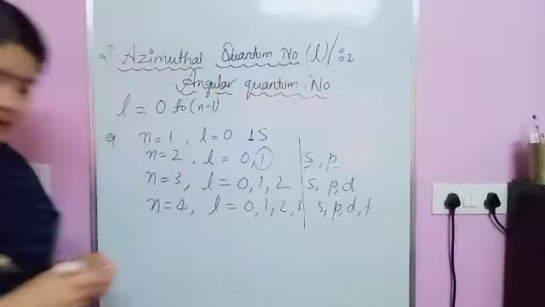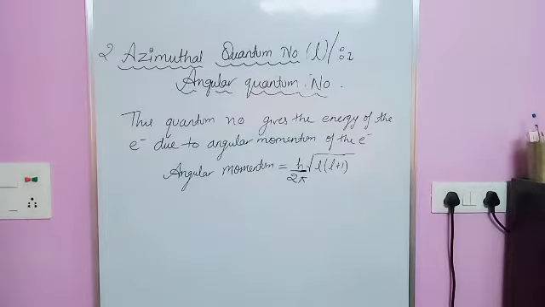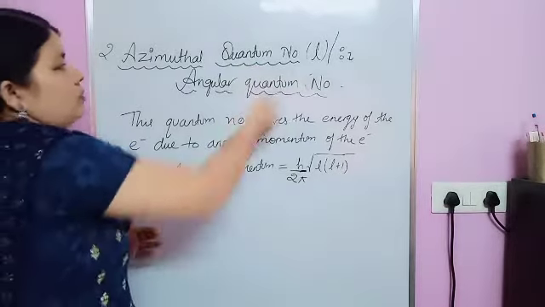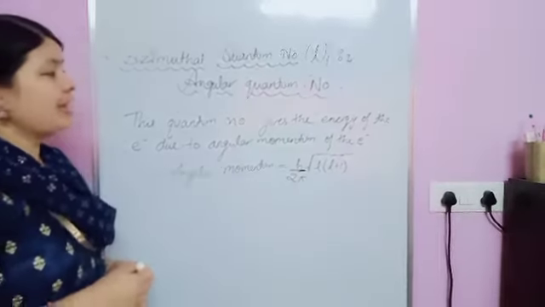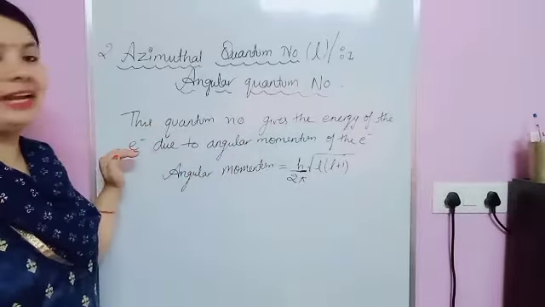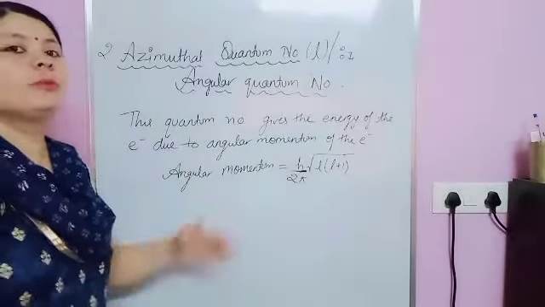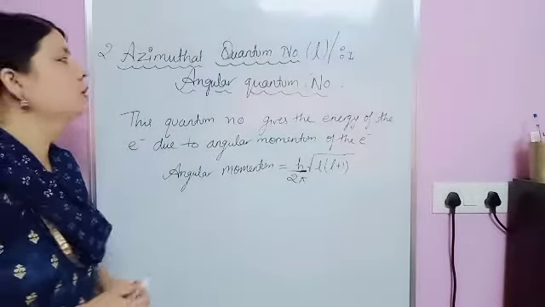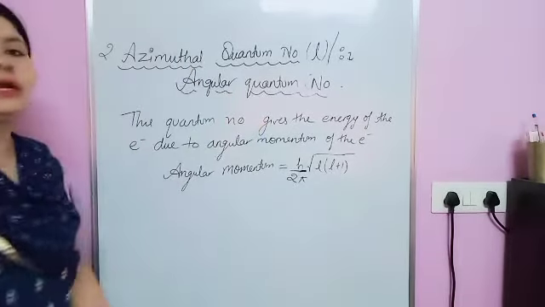Just see. 11th class, this quantum number is also known as angular quantum number. Why? Actually this quantum number gives the energy of electron due to angular momentum of the electron. Angular momentum की वजह से that energy was given. That's why this quantum number is also known as angular quantum number.